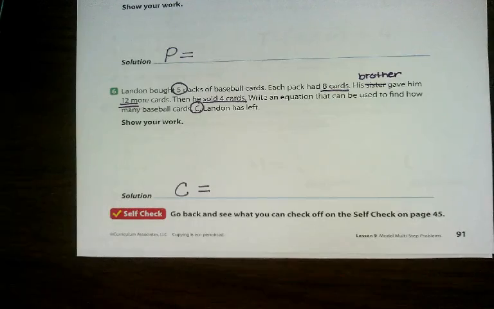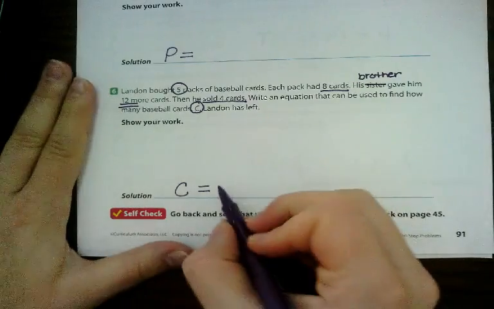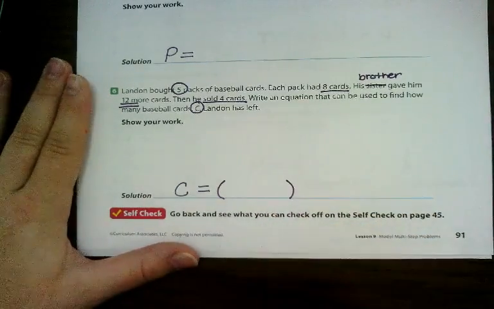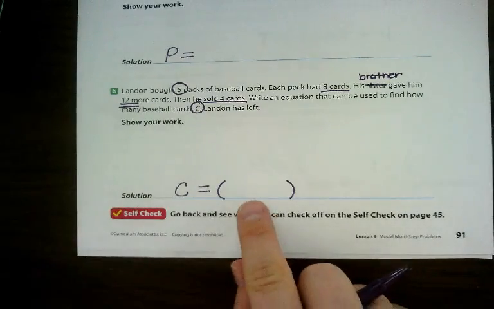Okay, so 5 packs of baseball cards. Each pack has 8 cards. Please tell me that we know that this goes in the parentheses. 5 packs of baseball cards, each pack has 8 cards. Adding or multiplying those 2 numbers together?